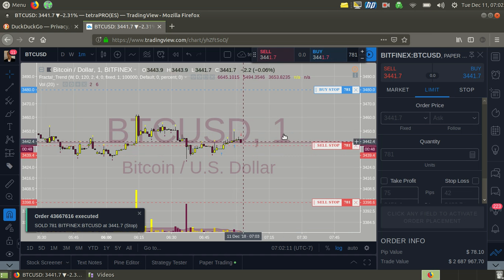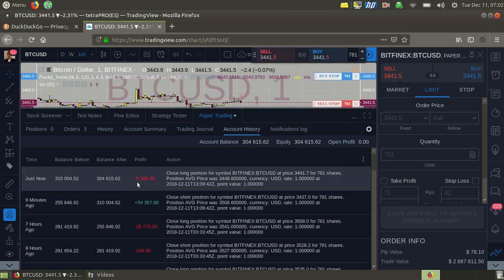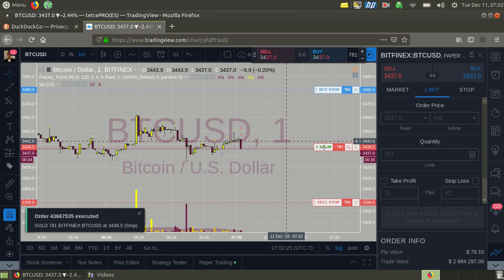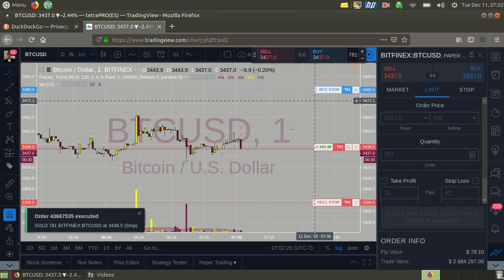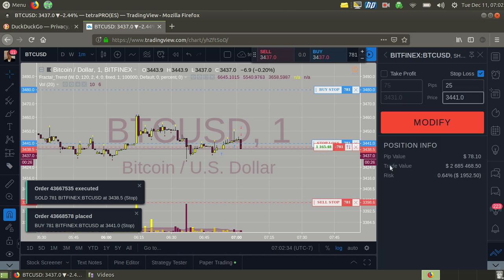So the market moved down and it took out our stop loss there. So we took a minimum loss there, 5,000. Sometimes it'll blow right past your stop. 0.64% on the table here. $1,000 profit.